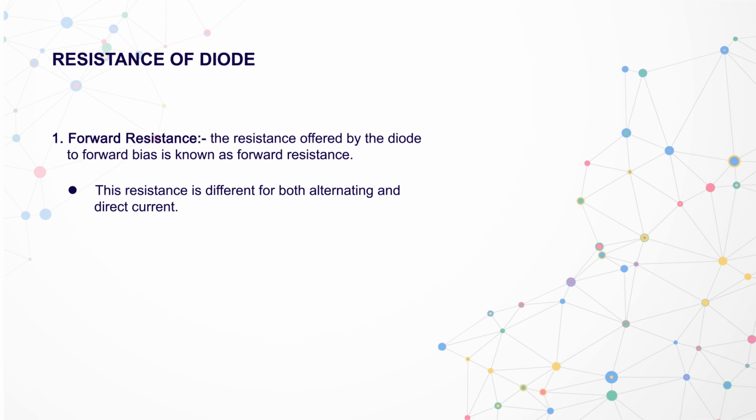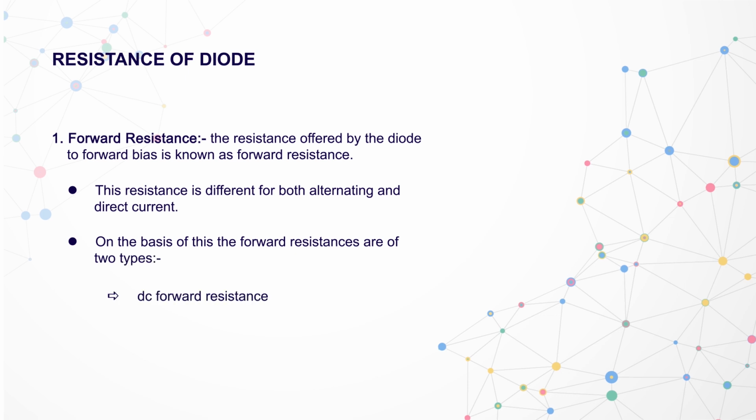Now, this point is very important to understand, that the resistance offered by the diode during forward bias condition is different for the two types of current signals, that is AC and DC. So, on the basis of this, the forward resistances are of two types, that is DC forward resistance and AC forward resistance.